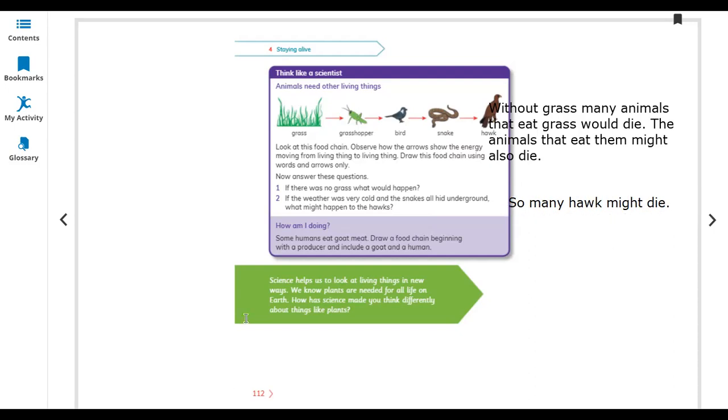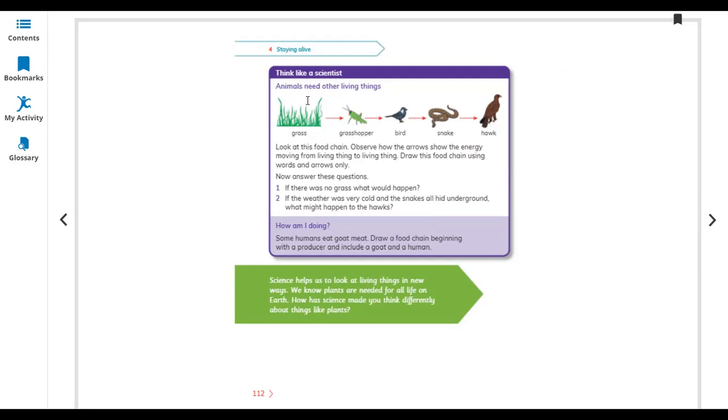So science helps us after this. The last thing: science helps us to look at living things in a new way. We know plants are needed for all life on Earth. How has science made you think differently about things like plants? Obviously, everything starts from the plants.